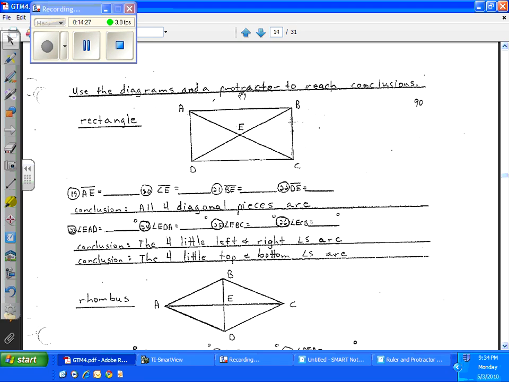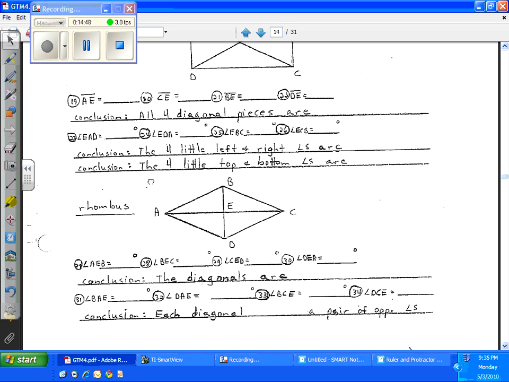Again, we encourage you to use your protractor, do the measuring to get good at it, reach these conclusions. Again, if you are off just a little on your measure, then go ahead and tweak them till they're all correct according to the rule in the next lesson.